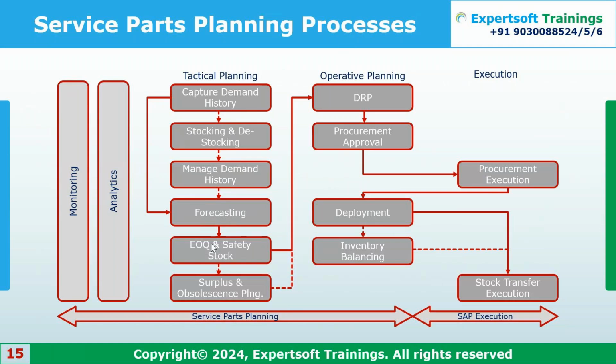It's not like I have kept so much in my warehouse and there is no demand. There is a cost involved in keeping those products on the shelf. So that's why you have to make a fair decision on that. This is all done based on the EOQ jobs.